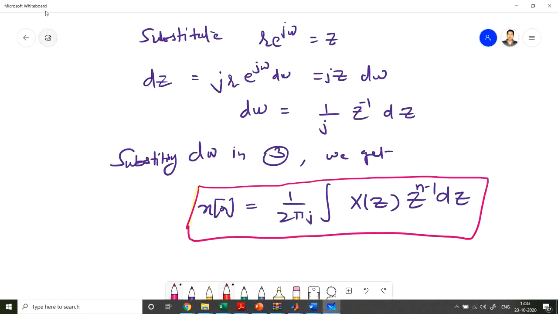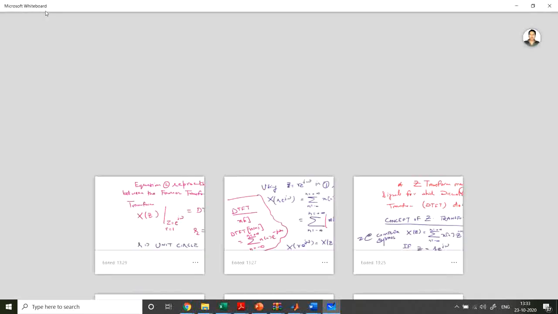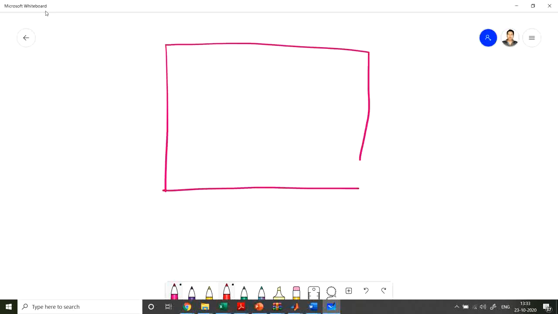So I am summarizing. In GATE they are not asking about the derivation, but you have to remember the final result. For calculation of X(z), the formula is X(z) equals the summation from n equals minus infinity to plus infinity of x[n] z raised to the power minus n.